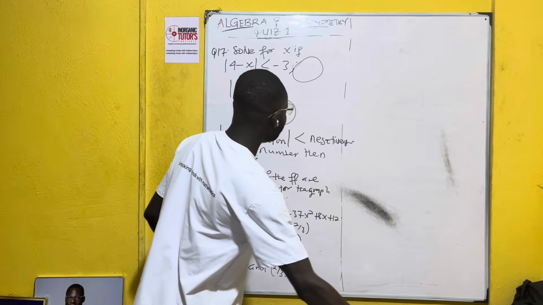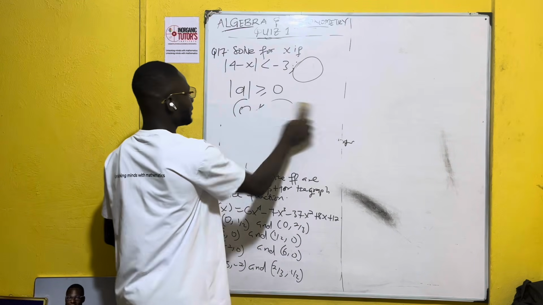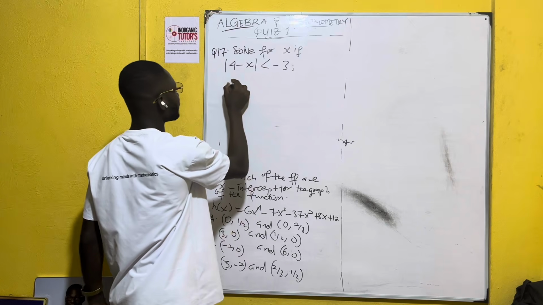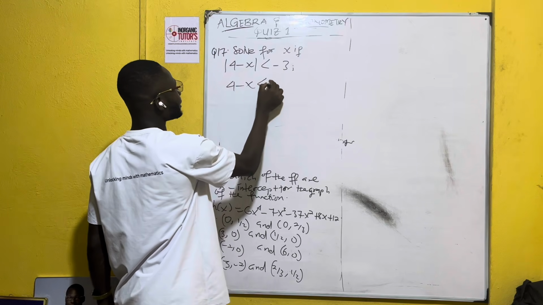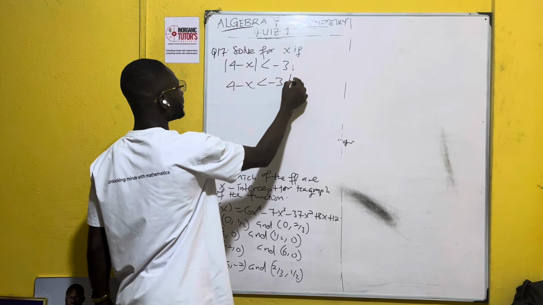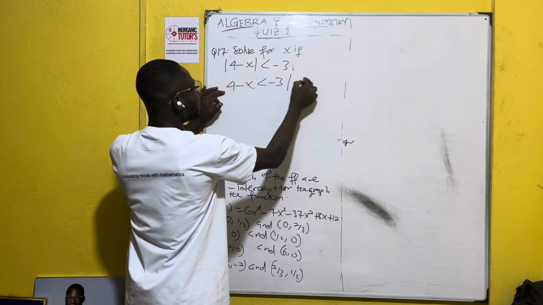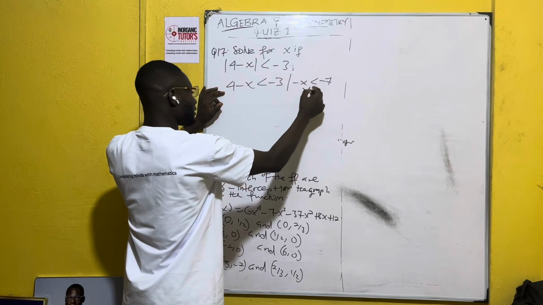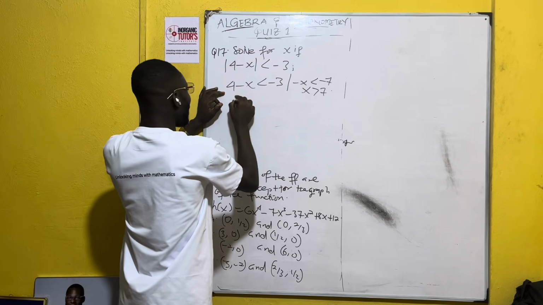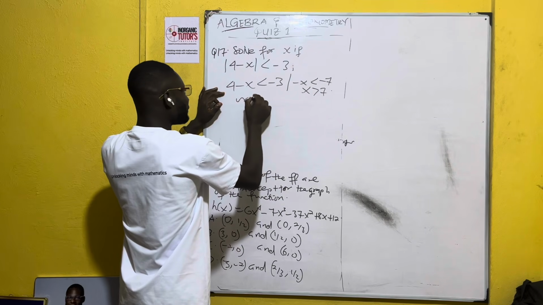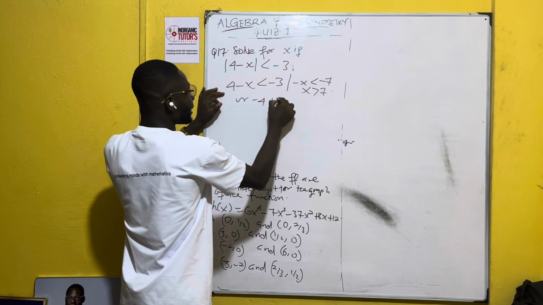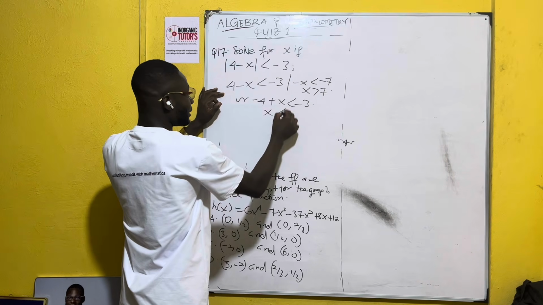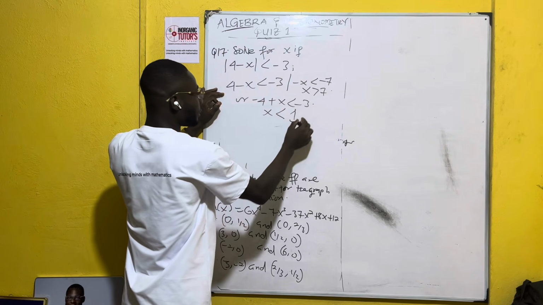Remember, if you fix this here, you're going to have 4 minus x less than -3, right? So it means that you're going to have -x less than -7, so x is greater than 7. Or you have -4 plus x less than -3, so x is less than 1, right?